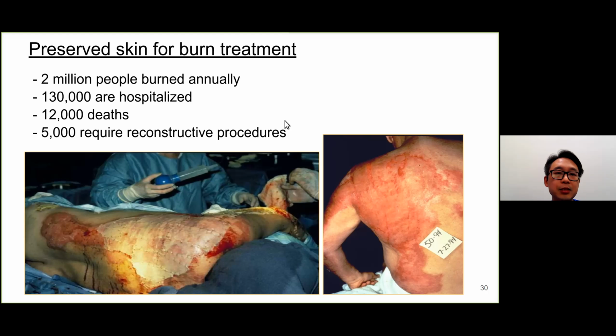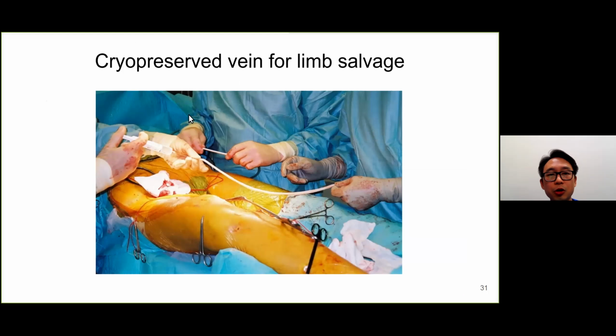In some cases, skin from donors can be used to help cover burn areas and to help the healing process and for these burn areas to recover. And then veins from donors can also be taken and preserved. In some certain conditions, this is the best way to perform reconstructions of the blood vessels and restore blood flow to limbs.